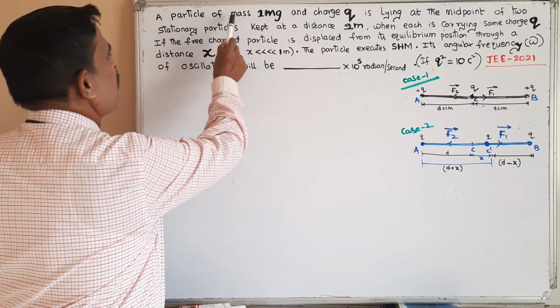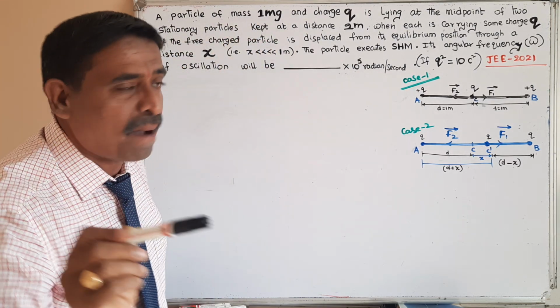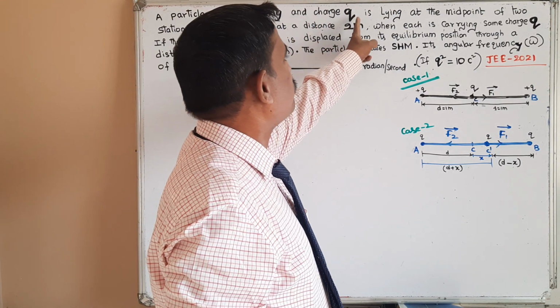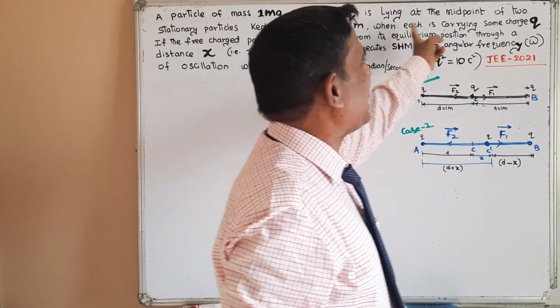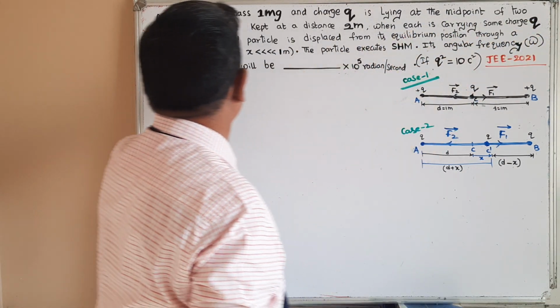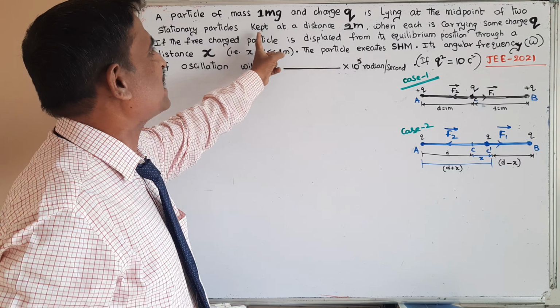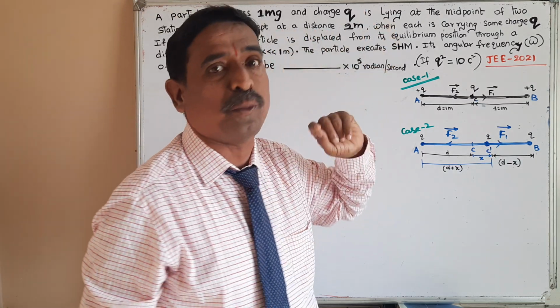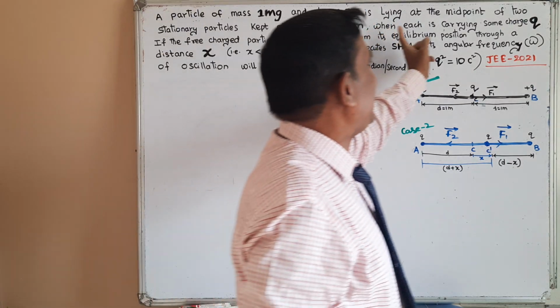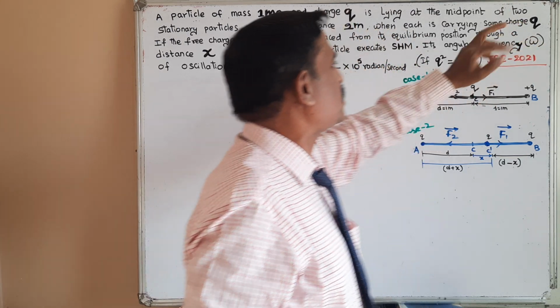A particle of mass 1 milligram and a charge small q is lying at the midpoint of two stationary particles kept at a distance of 2 meters, each carrying the same charge small q.